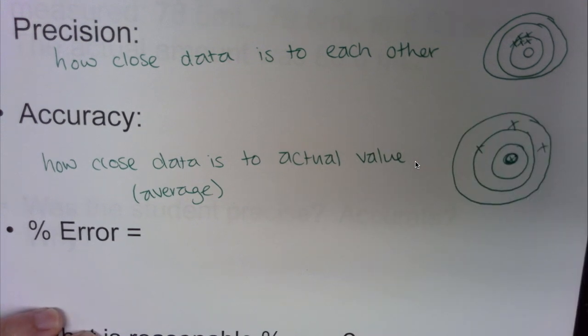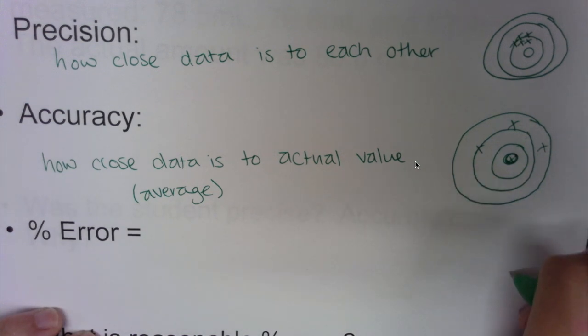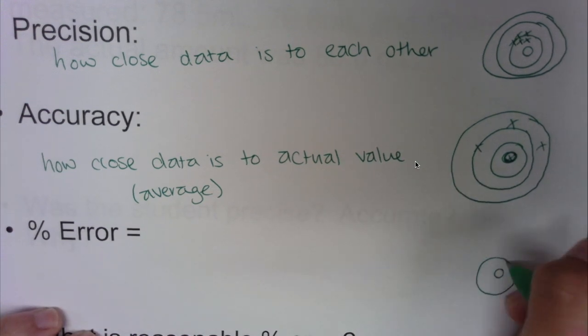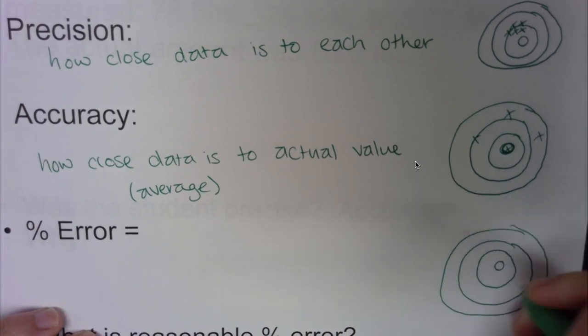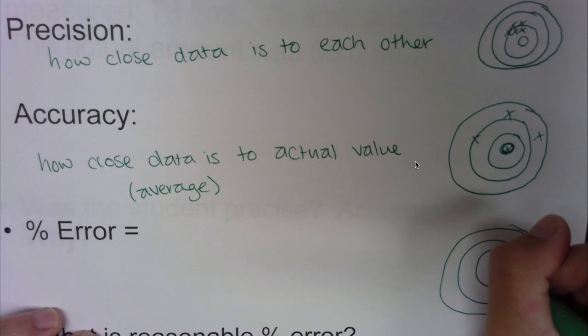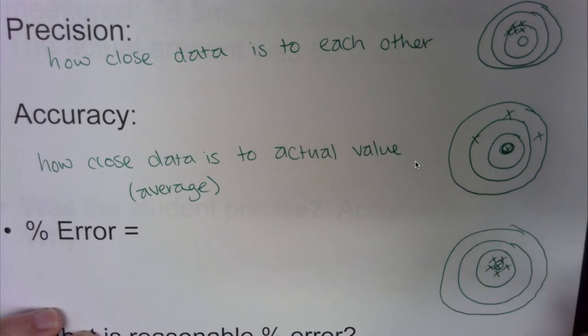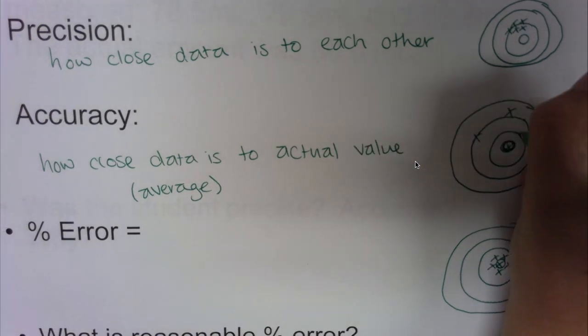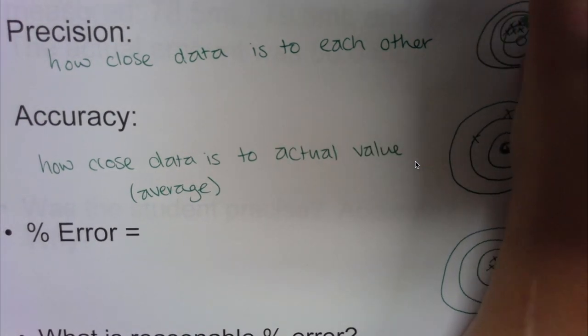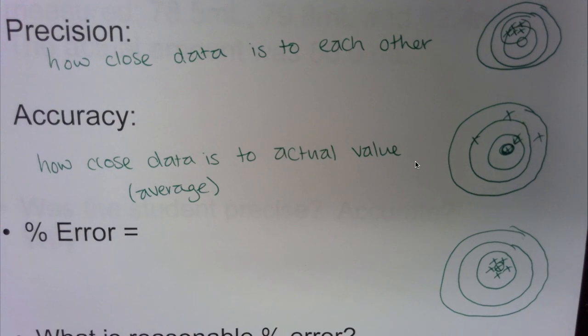So if something is both accurate and precise on our bullseye, we would be right here. All of your data is around that bullseye area. That's accurate. This is precise. And all of that is when we are comparing our data.